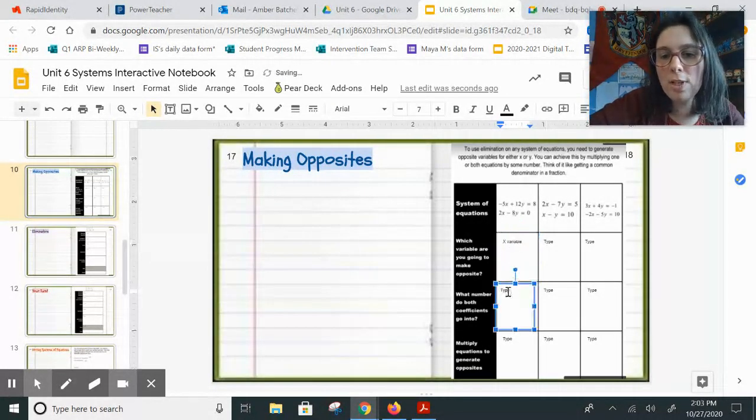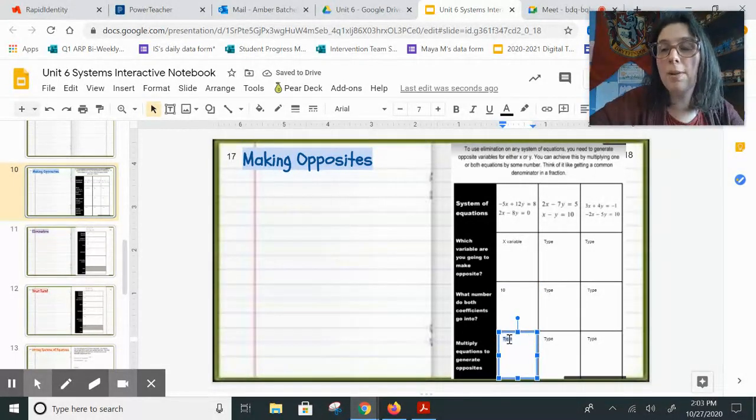And what number do both coefficients go into? What do 2 and 5 both go into? 10. Now we're going to multiply them each by whatever I need to multiply by so I can get 10. Negative 5 goes into 10 how many times? 2.